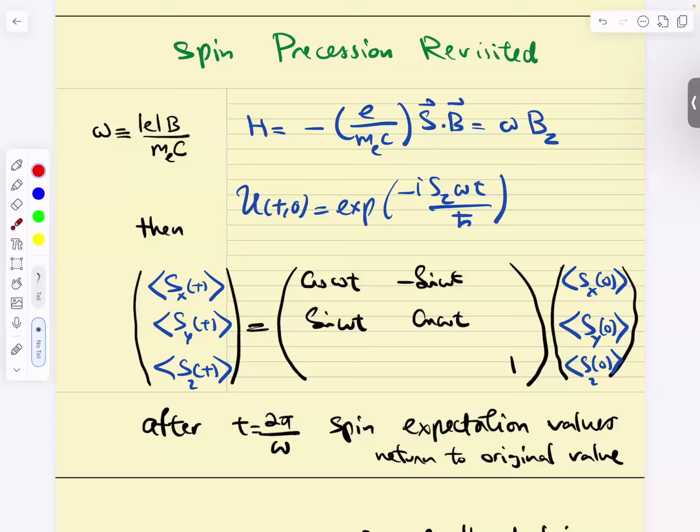If the magnetic field is in the Z direction, you could view this as just B_z, and omega is this. Hopefully you remember, we had this example of the magnetic field being in the Z direction. Time evolution due to exposure to the magnetic field in the Z direction is just e to the minus i S_z omega t over h bar. Why? Because this is minus i H t over h bar. That's time evolution applied to kets.